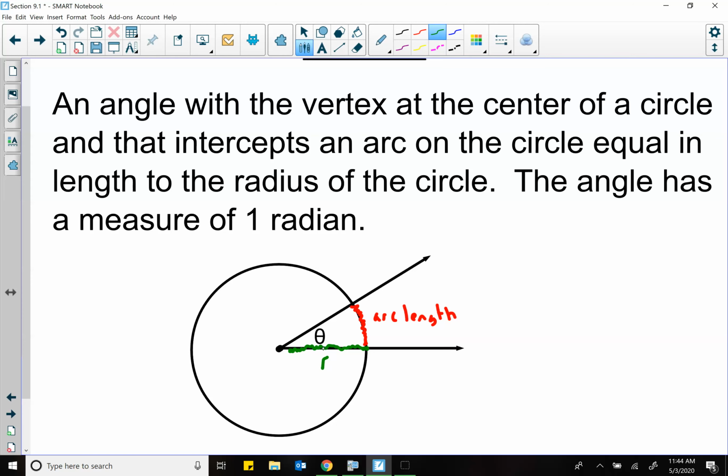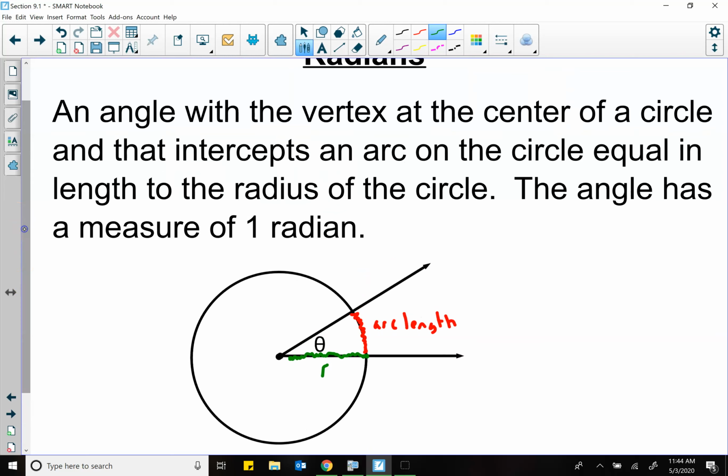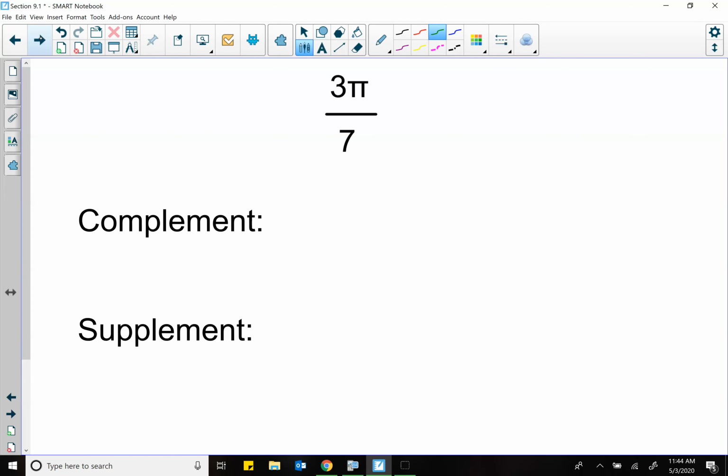So let's talk about these kinds of angle measures. The first thing that we want to do is, again, go back to those geometry aspects, and we want to find complementary and supplementary. Well, before we do this, let's make a couple of notes. Remember that complementary is 90 degrees.